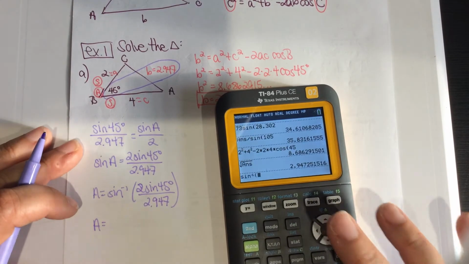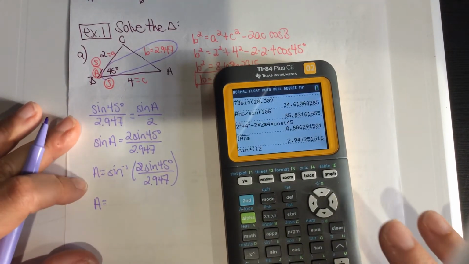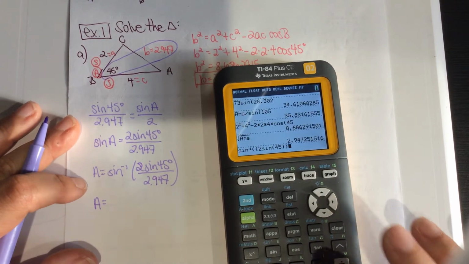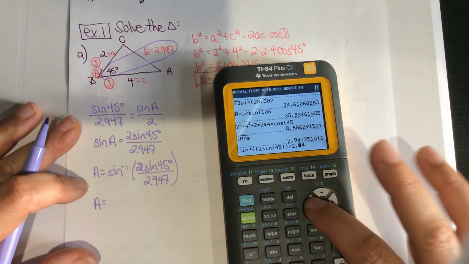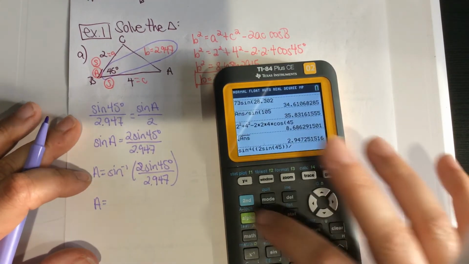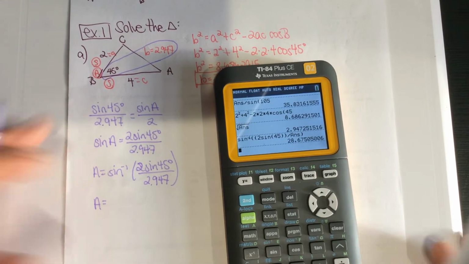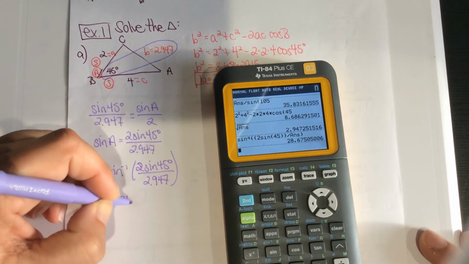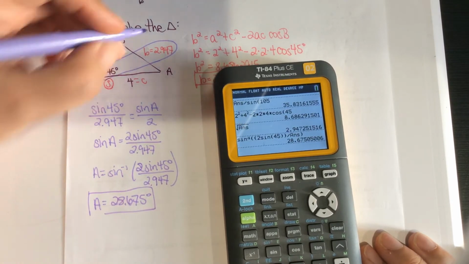So I'm going to go sine inverse. And again, if you have a scientific calculator, you might have to do this in a few steps. Actually, I could go like this. Look, I'm going to be even more accurate. I could use the answer button. And I'm going to get that angle A is 28.675 degrees.